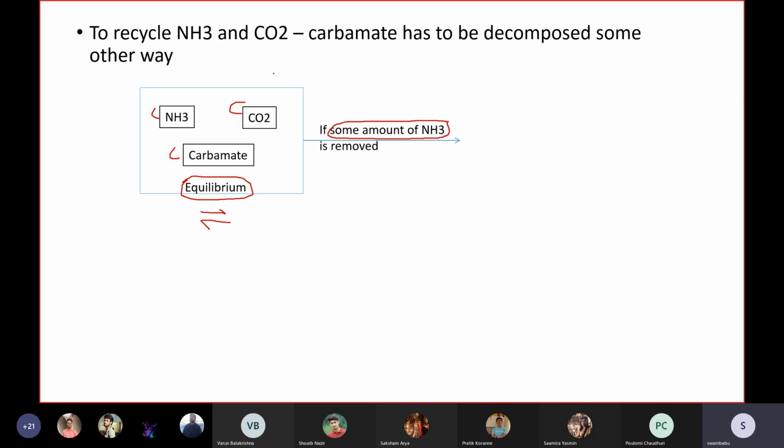I haven't changed the temperature and pressure; these two remain the same. If I disturb the equilibrium, will the system want to come back to equilibrium or not? Can that be answered by anyone?